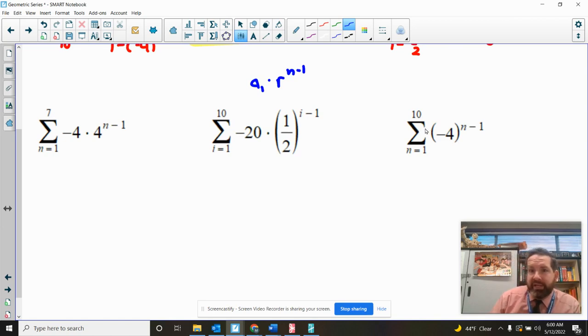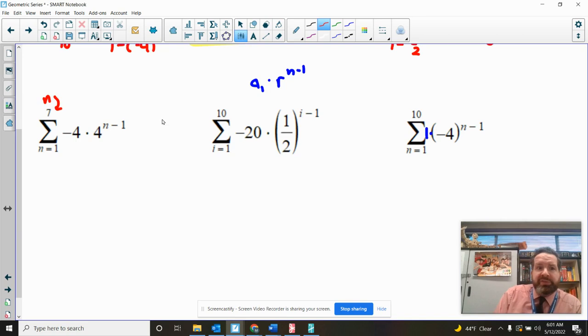Here, there's a little imaginary 1 times. So it's like 1 times negative 4 to the n minus 1. If you recognize that pattern, which I expect you to be able to do, then you know this is geometric. We can apply our shortcut formula. If your index starts at 1, which, hey, look, all these indices start at 1, then your n, your number of terms, that's just this upper limit on the summation notation.